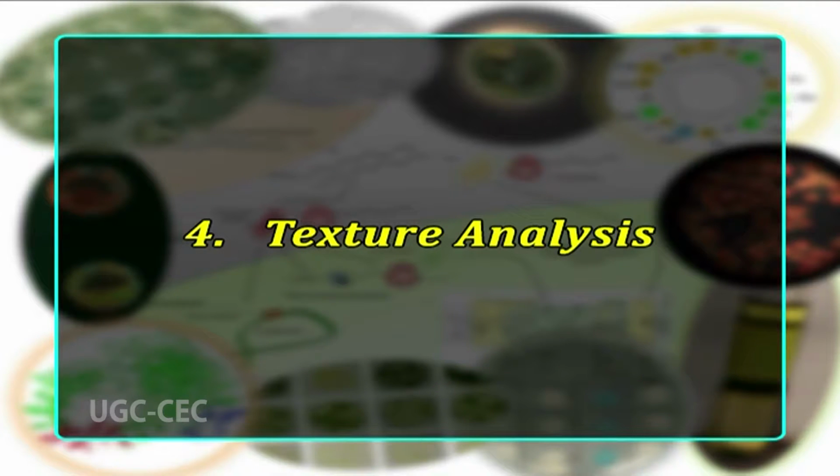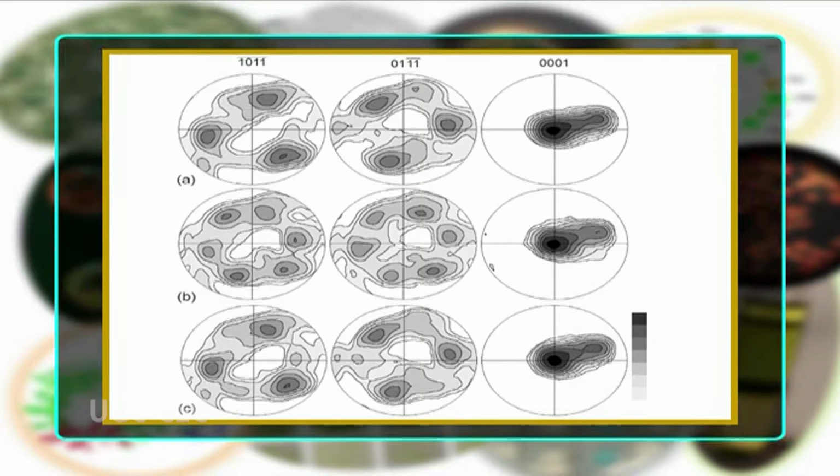XRD can also determine the texture. Non-random distributions of the crystallites, such as those resulting from platy or needle-like crystals or extruded and rolled specimens, can change the relative intensities of the diffraction peaks from a phase.